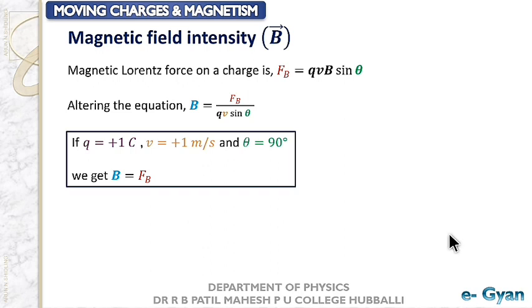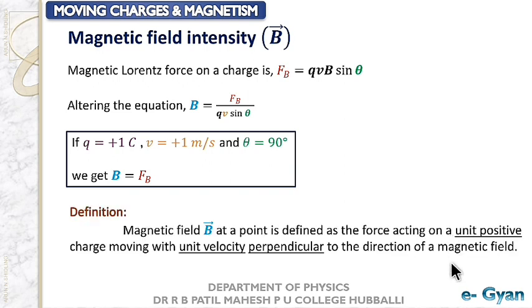So I can easily define magnetic field intensity. The definition goes like this: magnetic field intensity at a point is defined as the force acting on a unit positive charge moving with unit velocity perpendicular to the direction of the magnetic field, right?